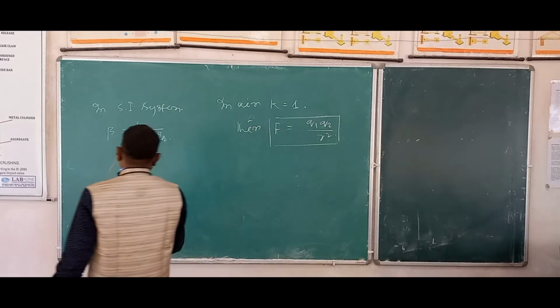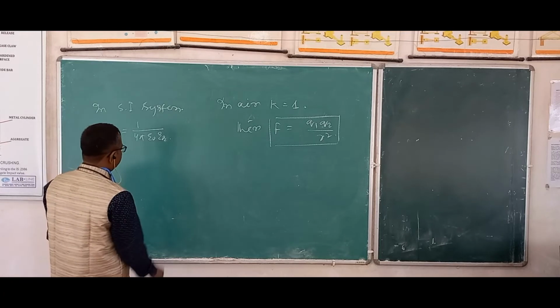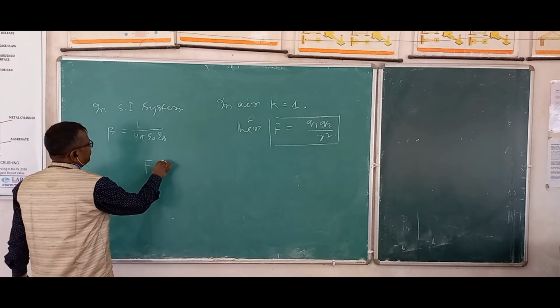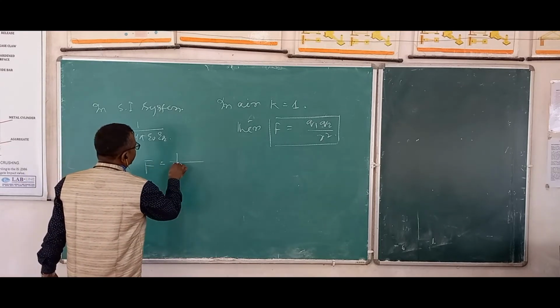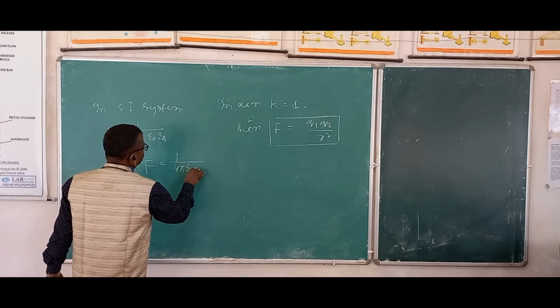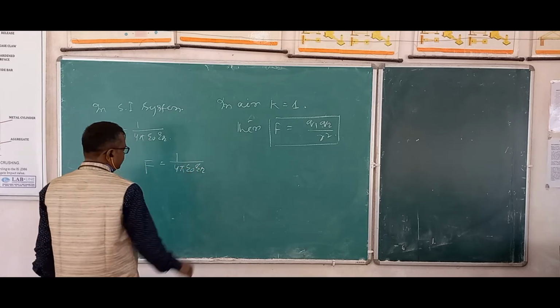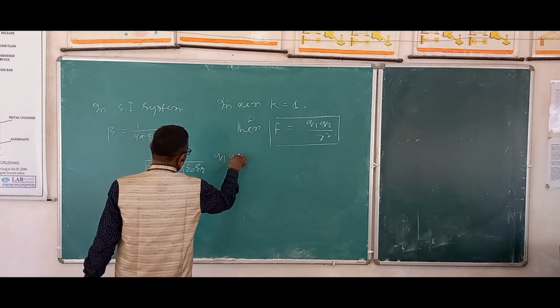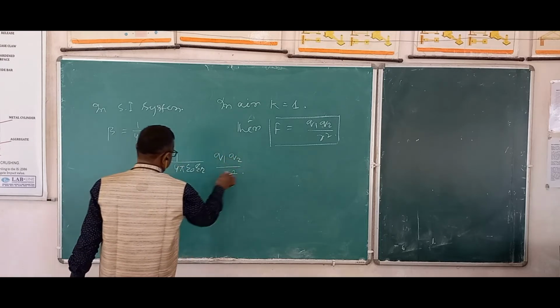Then putting the value of beta, F will be 1 by 4 pi epsilon 0 epsilon r Q1 Q2 by R square.